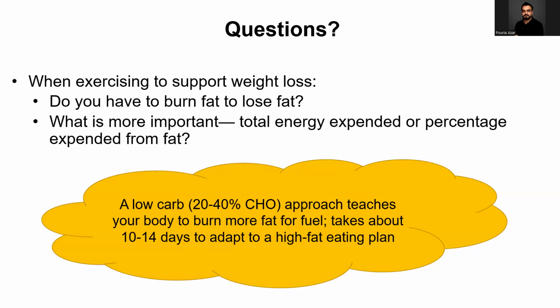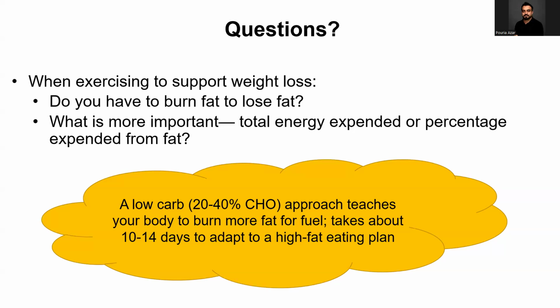A low carb approach, which means between 20 to 40% of total energy intake from carbohydrate, teaches our body to burn more fat for fuel. And it takes about 10 to 14 days to adapt to a high fat eating plan.